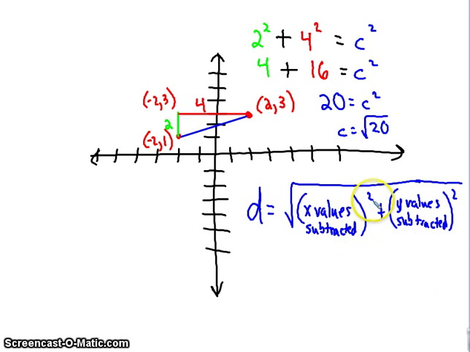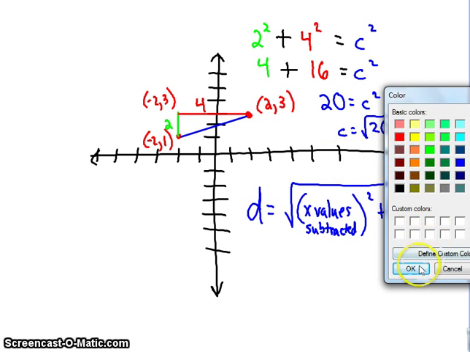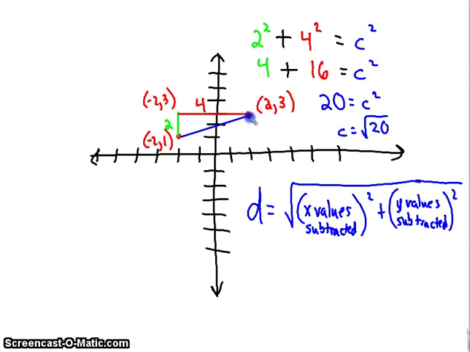Okay, so we're still working with squares and square roots. So what we're going to do is set this up by taking the two x values of, let's change it to a purple dot. Okay, so we're going to change this to a purple dot, and we're going to change this to a purple dot. So we're ignoring everything else. So we're going to do the purple dots subtracted.